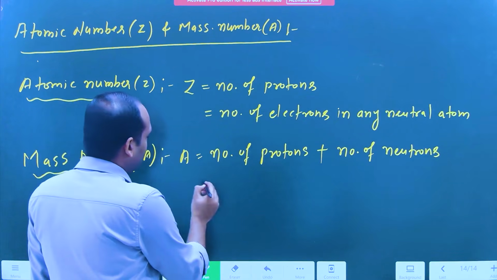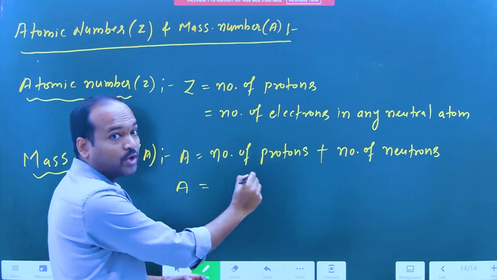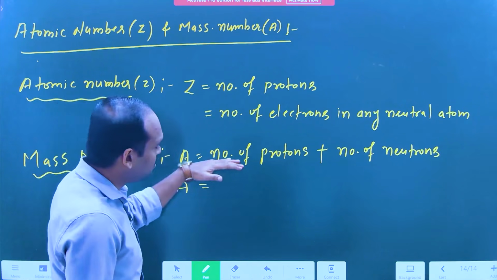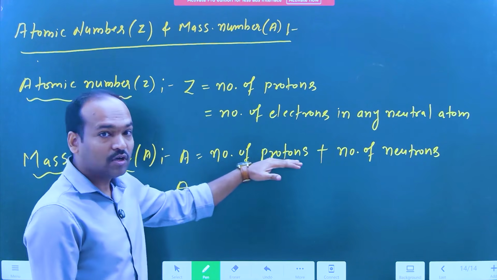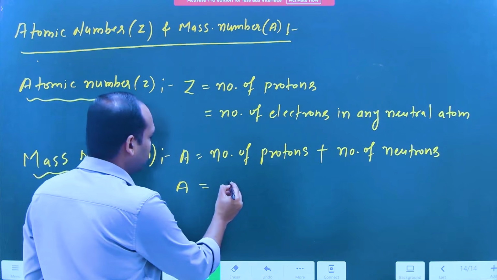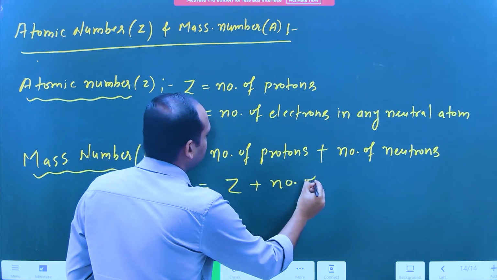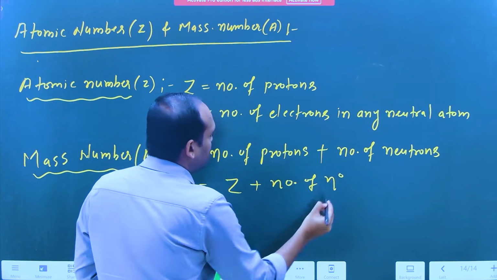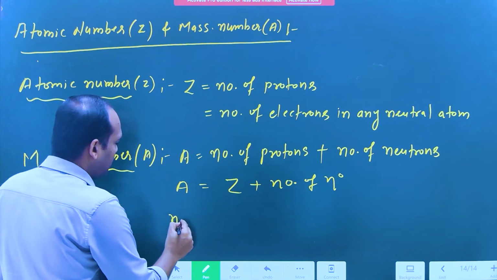Next, can I say the number of protons is always equal to Z? So A is Z plus the number of neutrons. So what is the formula for the number of neutrons?